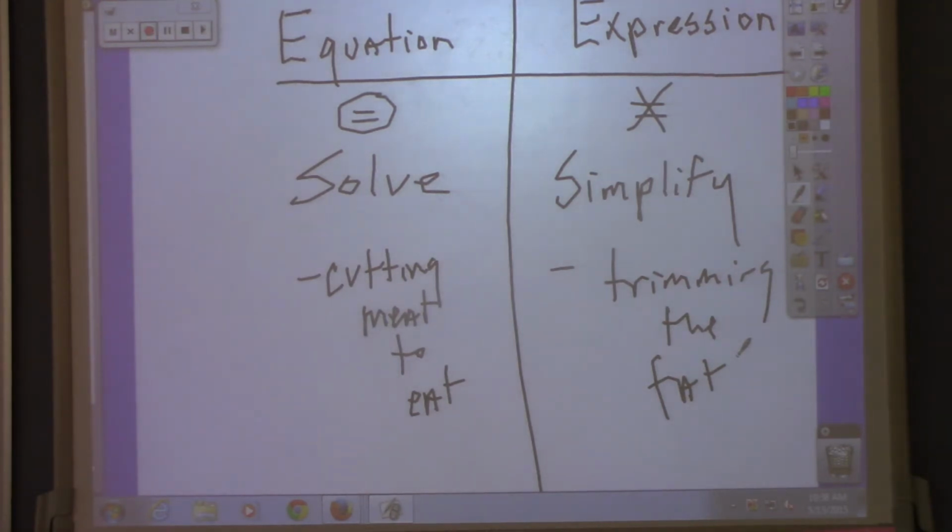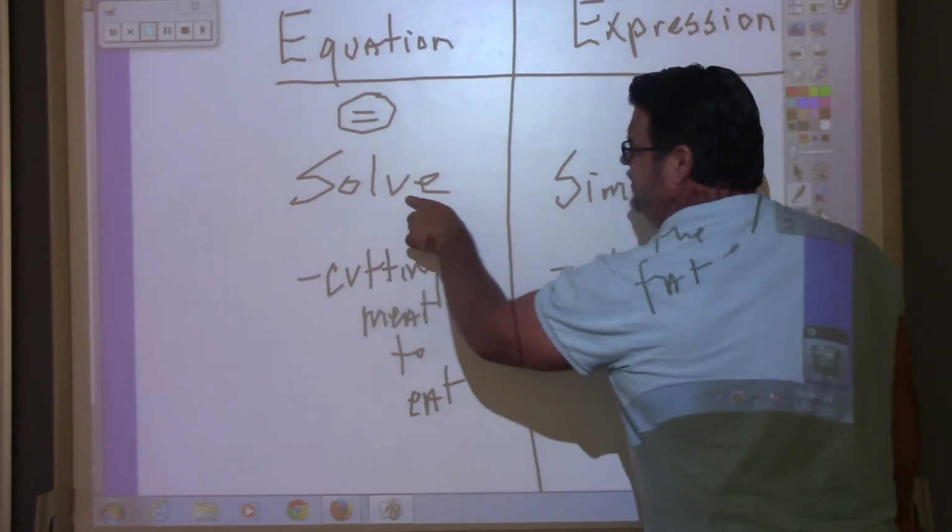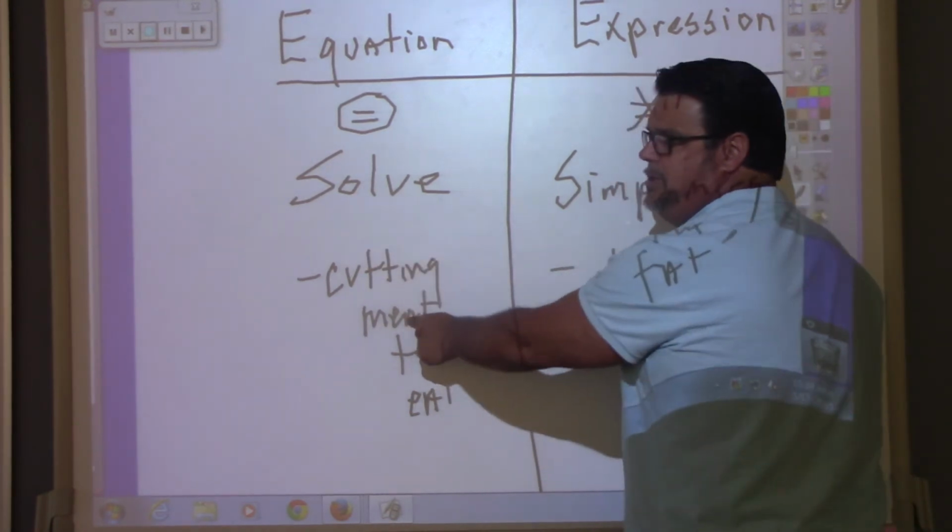You cut out the dessert. You cut out the sweet tea. You drink water instead. You cut out the fat around the piece of meat. You cut out the French fries and put in a baked potato with very little sour cream or butter. Or put a salad in there. In other words, you're simplifying it. You're cutting it down. Here's when you solve it and you get an answer. You cut into the meat.